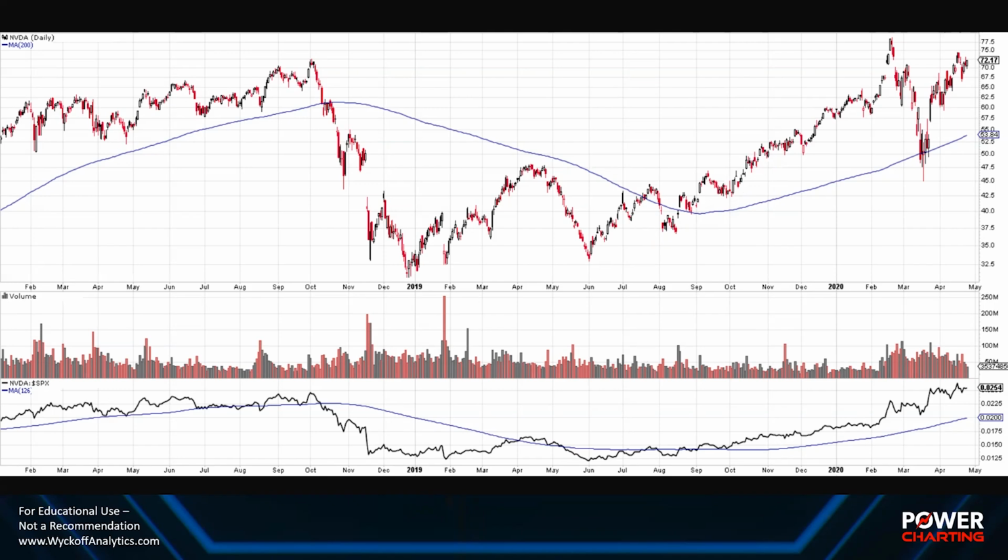But look at what happens. We come out of that hinge, that accumulation, into a markup phase. And notice how the markup phase becomes ever more, call it strident, as it's going up. Look at that December rally that occurs. I mean, it starts to accelerate.